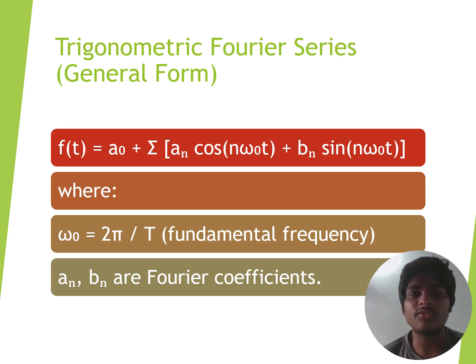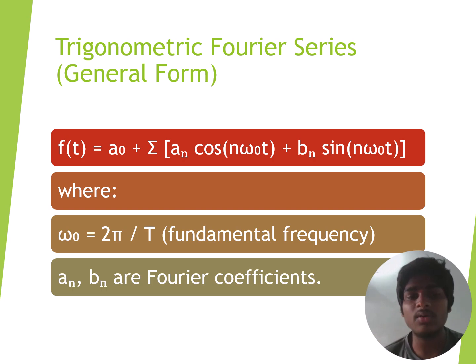Trigonometric Fourier series. First one, general form. f of t equal to a naught plus summation of a n cos n omega naught t plus b n sin n omega naught t. We know that the Fourier series is a sum of cosine and sine.